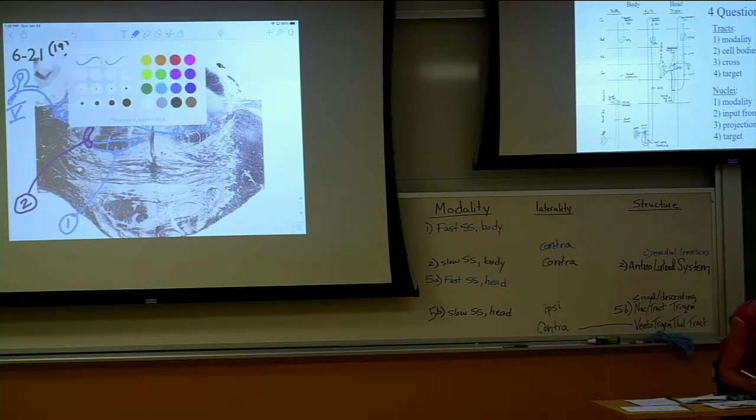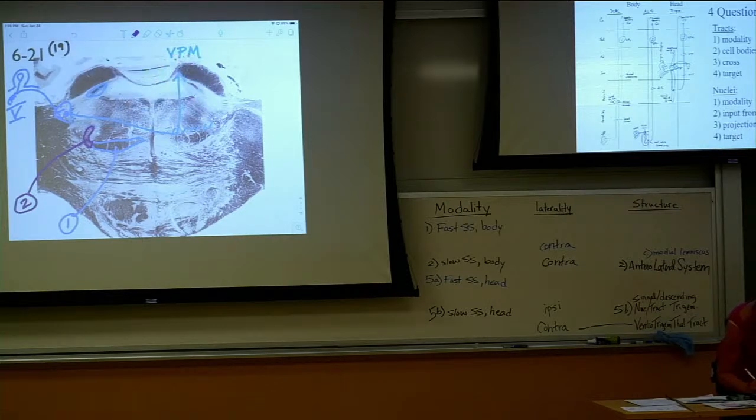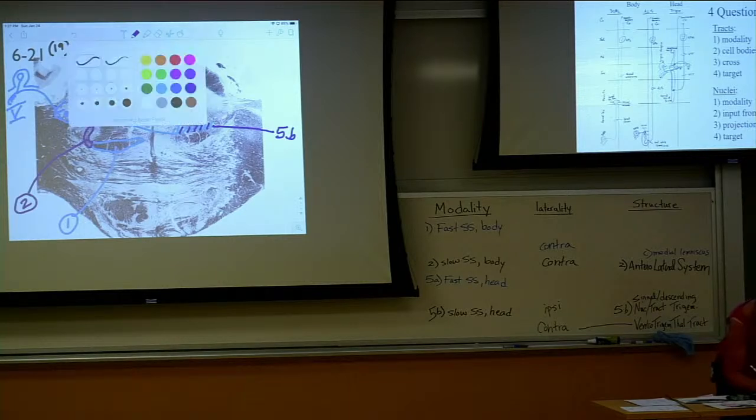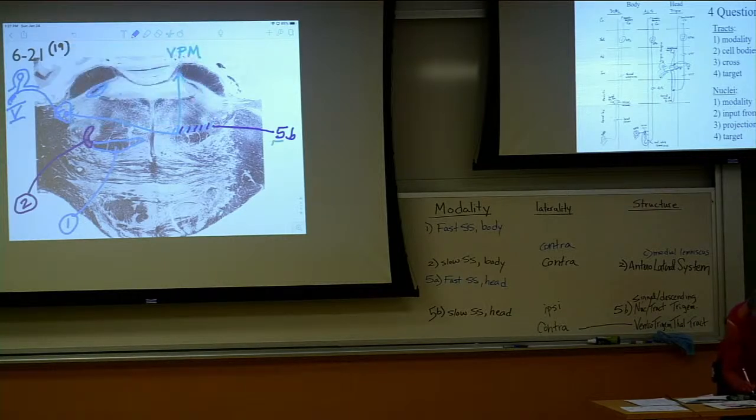And so now VTT has both fast and slow somatosensory information in it. They're both found in VTT. And then this is our principal nucleus.